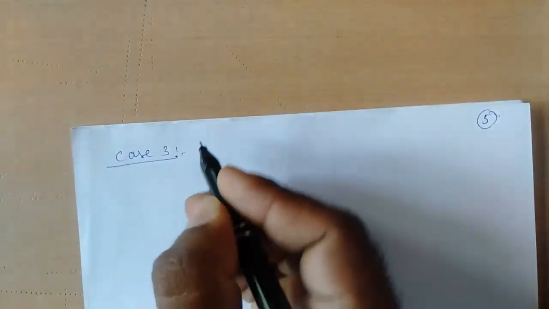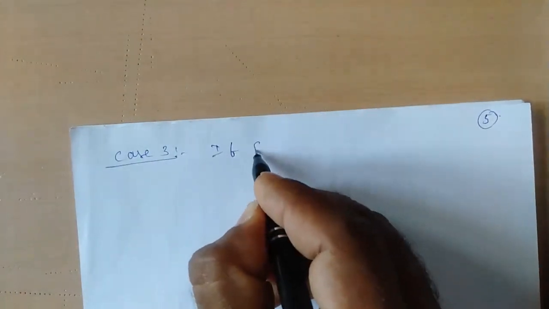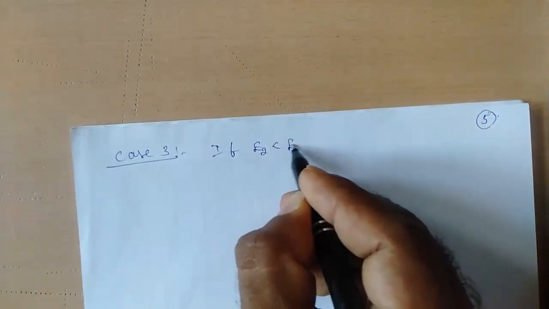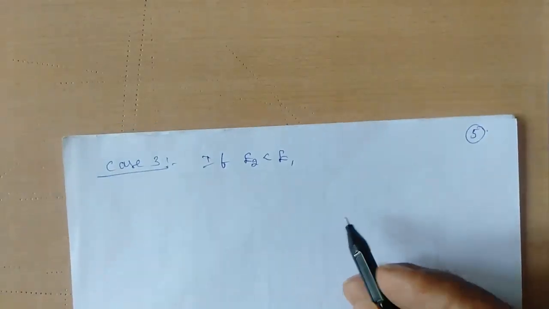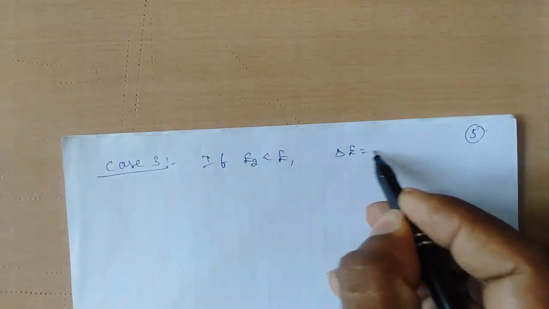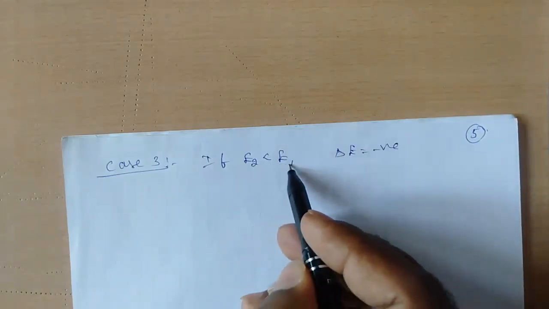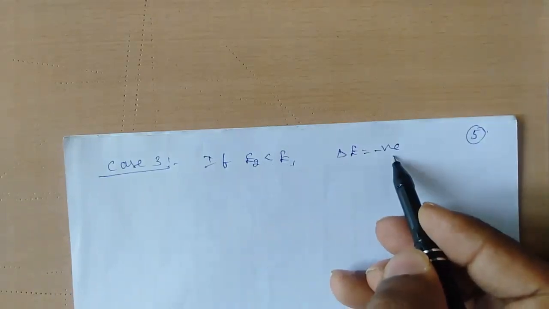Now let us look into the last case, that is if E2 is less than E1, then the molecule loses some of the energy to the photon and jumps to a lower energy state such that delta E will be negative. Why? Because E2 is less than E1, so therefore delta E will be negative.